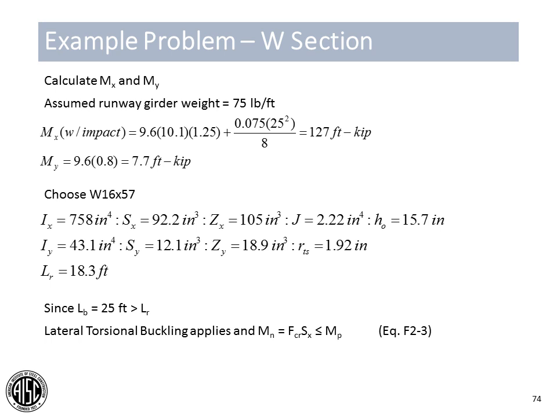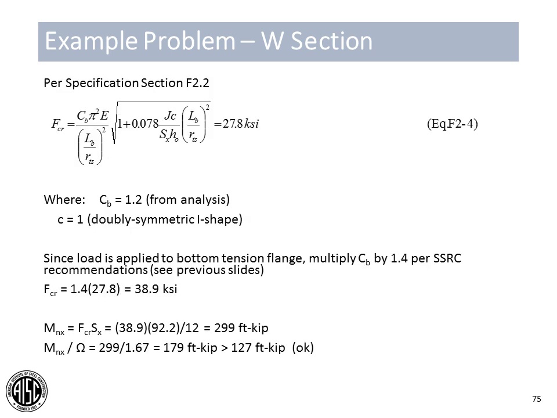The unbraced length being 25 feet, that is greater than our L sub R value, so we need to make sure and consider lateral torsional buckling in this design, so we'll have to develop that F critical. F critical, based on section F2.2 of the specification, is shown here, and that equals 27.8 ksi in this case.